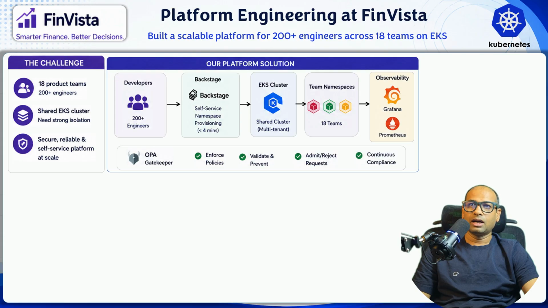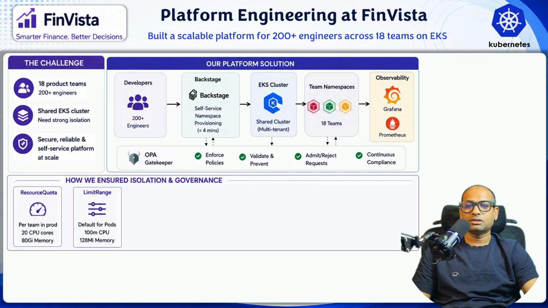OPA is used for gatekeeping, or policy as code, to enforce policy, validate, and prevent, admitting or rejecting requests continuously. Backstage can get the defined policies from OPA, the same for the clusters as well as namespaces. This is how we ensured isolation and governance.